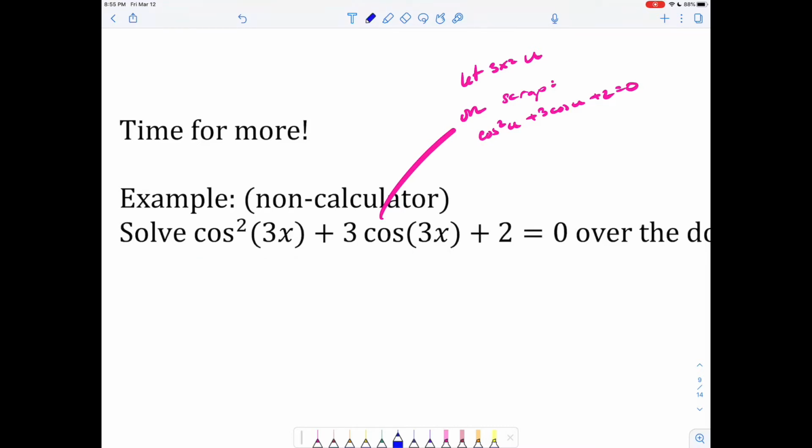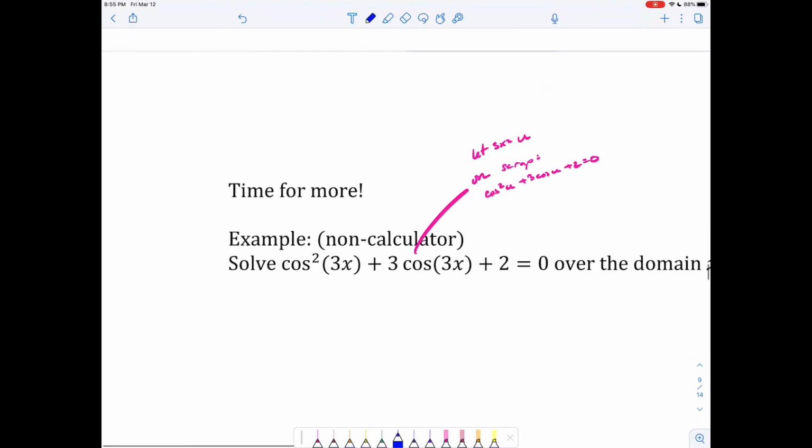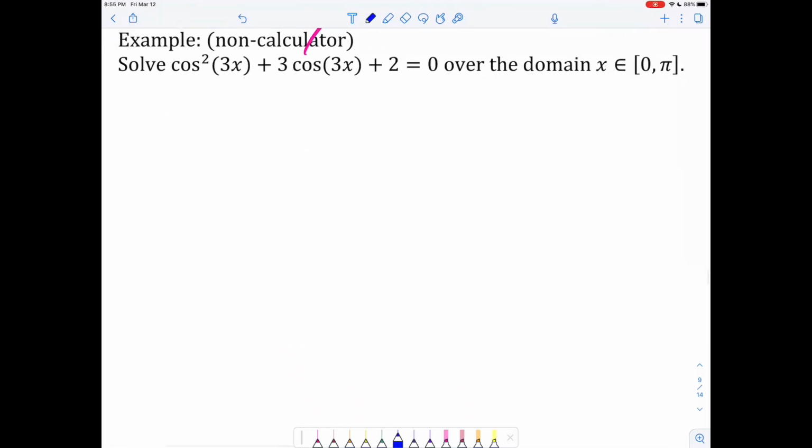Again, give this a try, see what you can do, see what answers you come up with, and then compare them to what we get here. I'm looking at this. We're told it's non-calculator. It must be in a non-calculator section of the provincial. So I'm going to assume this is probably factorable. And in fact it is.